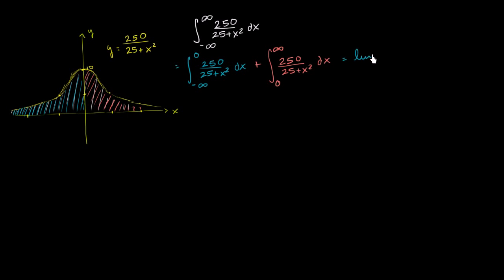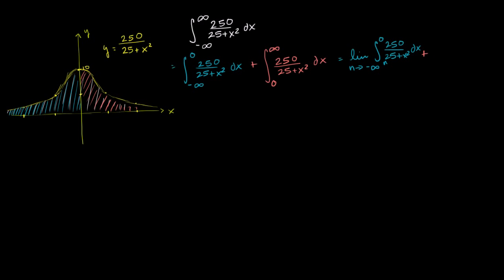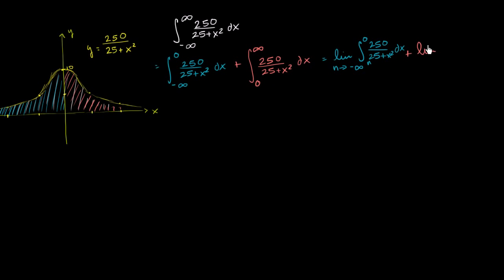This is equal to the limit as n approaches negative infinity of the definite integral from n to 0 of 250 over 25 plus x squared dx, plus, and I'm running out of real estate here, the limit as, since I already used n, let me use m now, the limit as m approaches positive infinity of the definite integral from 0 to m of 250 over 25 plus x squared dx. So now all we have to do is evaluate these definite integrals.